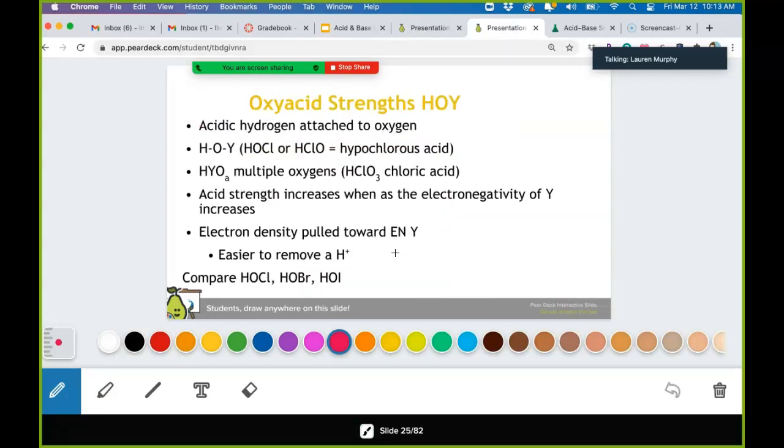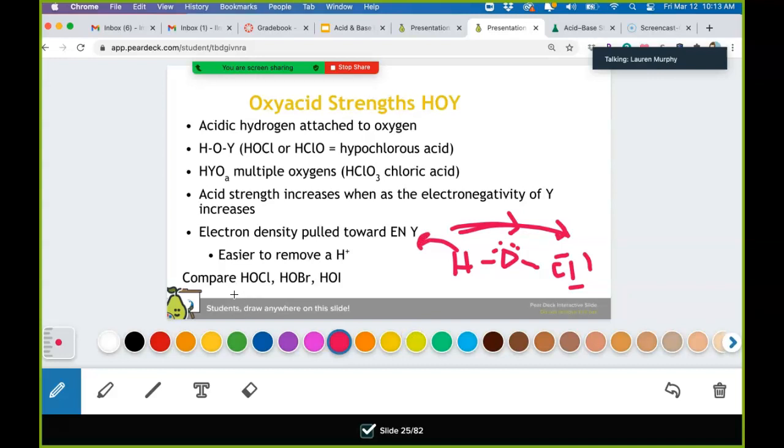The reason is that the more electronegativity will cause the electrons to be pulled away from the hydrogen. So like HOCl. Okay? The more electronegative this guy is, the more the electrons are being pulled this way. Well, the more the electrons are being pulled this way, the easier it is to swoop in and yank off the hydrogen because it's not held as strongly.